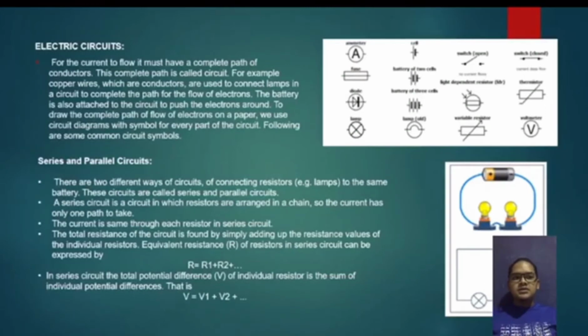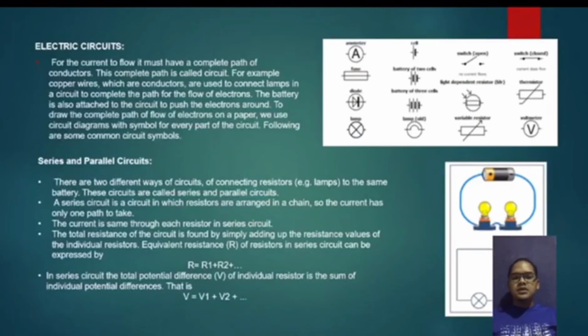The battery is also attached to the circuit to push the electron around. To draw the complete path of flow of electron on paper, we use a circuit diagram with a symbol for every part of the circuit.